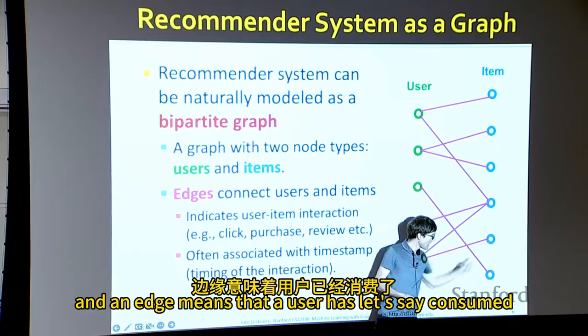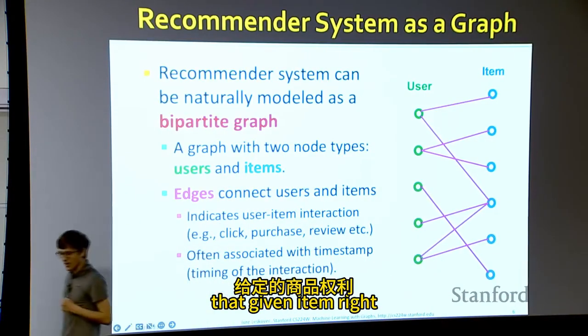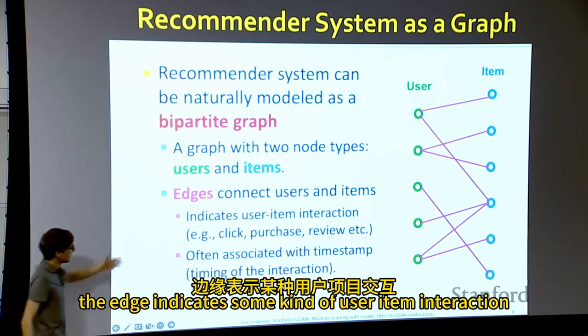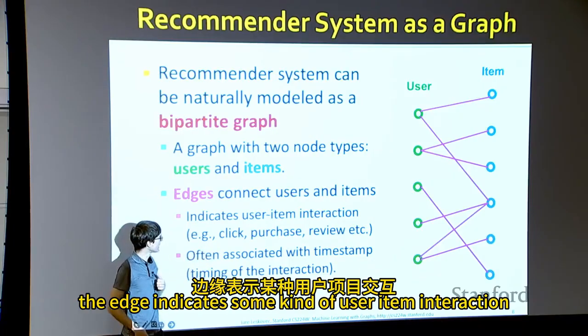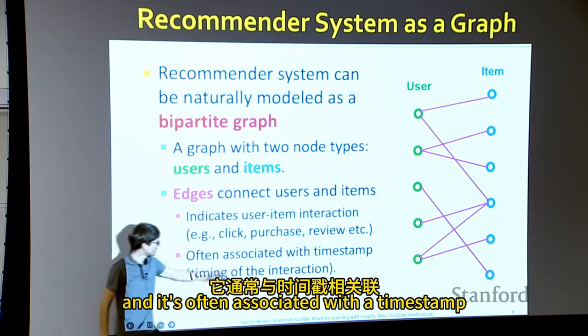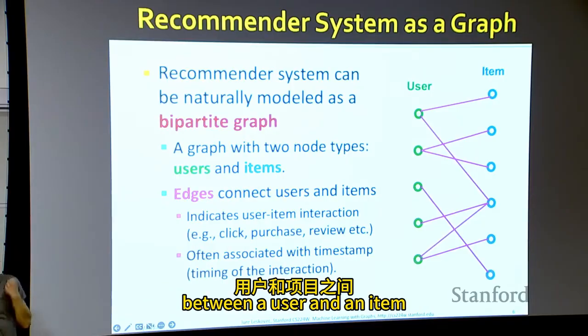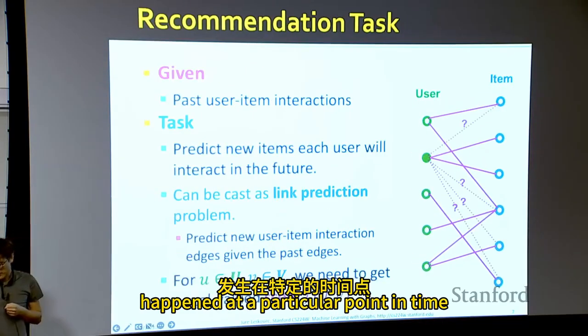And an edge means that a user has, let's say, consumed that given item. So the edge indicates some kind of user-item interaction, maybe a click, maybe a purchase, maybe a review. And it's often associated with a timestamp, because this interaction between a user and an item happened at a particular point in time.